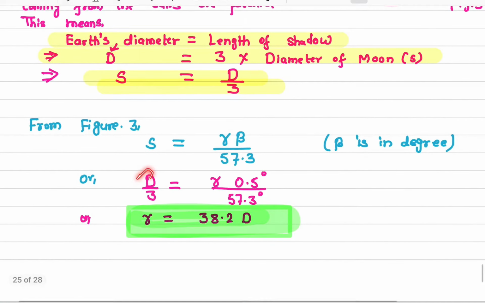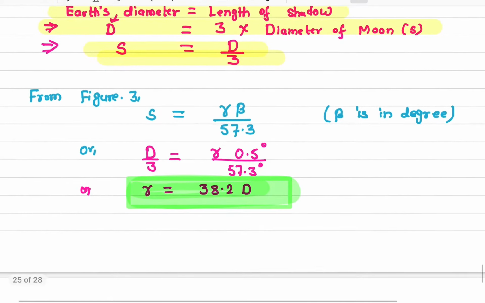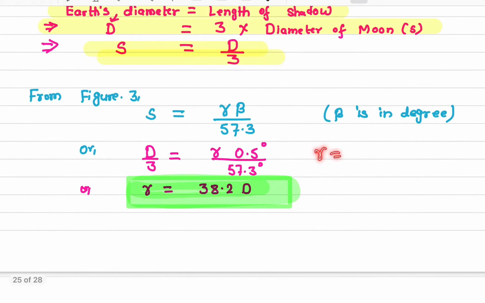Okay, and this S is equal to D over 3. And if we solve it, then we get a relationship between R and D. What is R? R is the distance between Earth and the Moon.